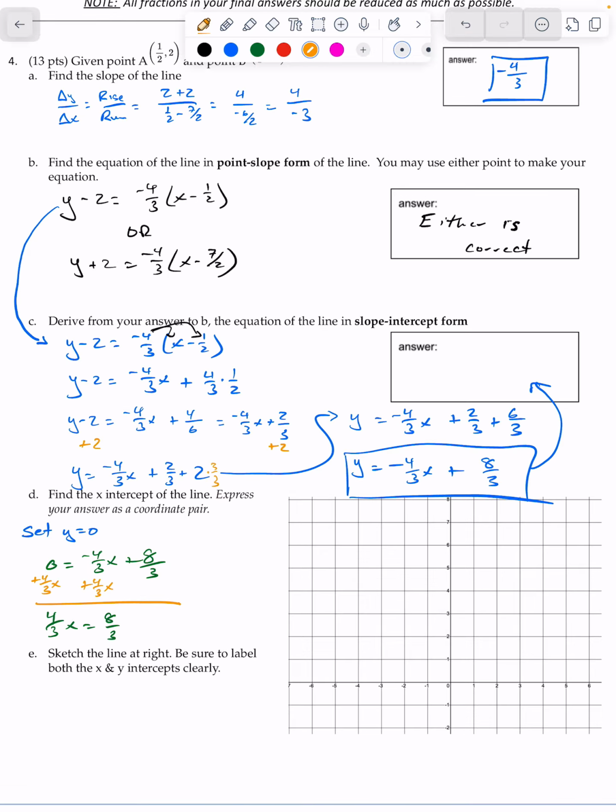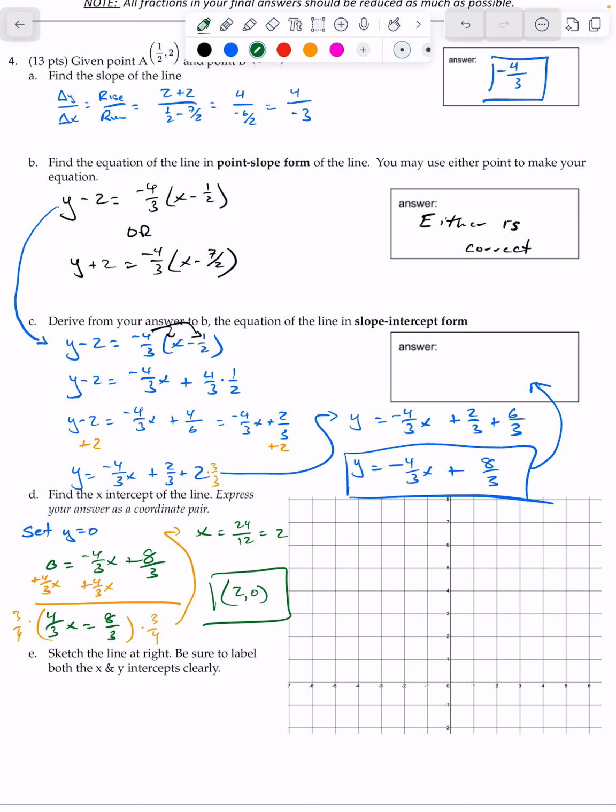We're going to multiply both sides by 3/4. So then we get just plain x on one side, and 8 times 3 is 24 over 3 times 4 is 12, which is 2. So our point is at 2, 0. Got to express it as a point.